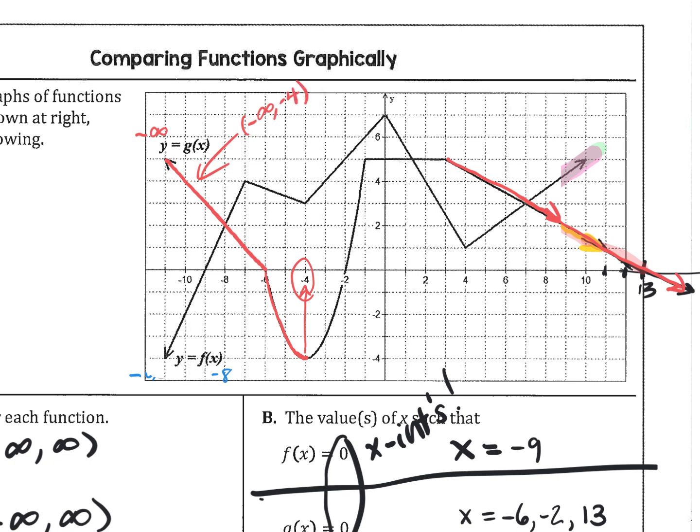But it's still all part of G. So then what is this interval right here going to be? Where does it start? Starts at 3, doesn't it? And where does it go to? Yeah. 3 to positive infinity. Okay?